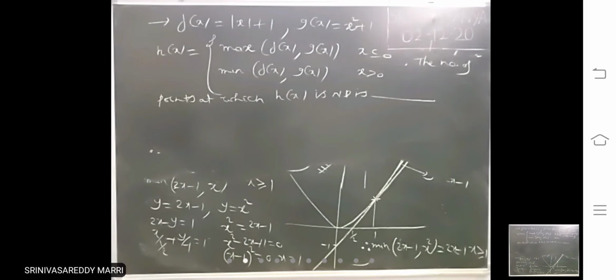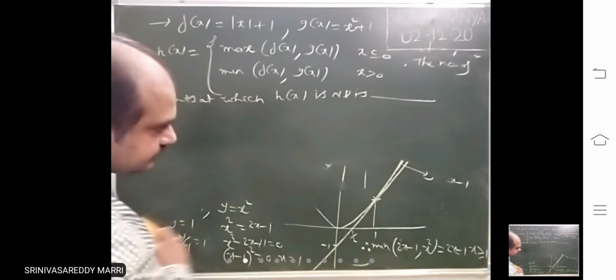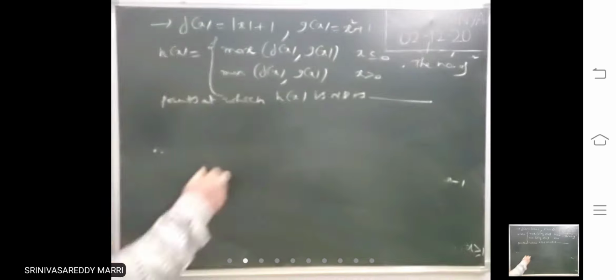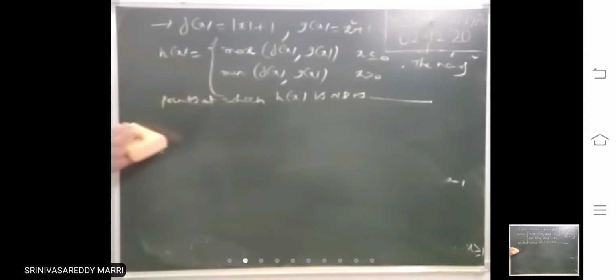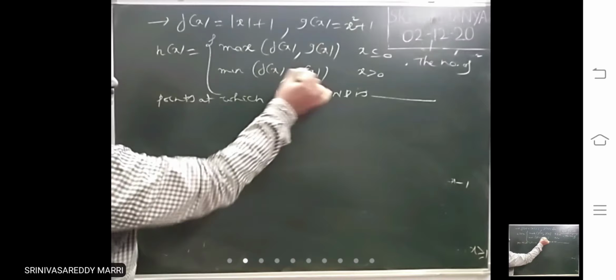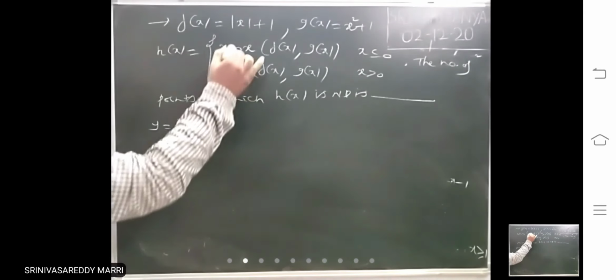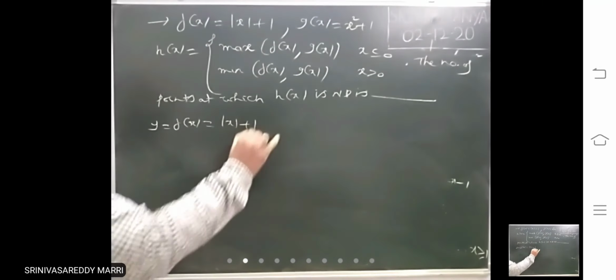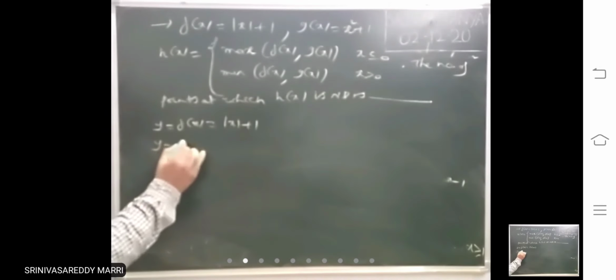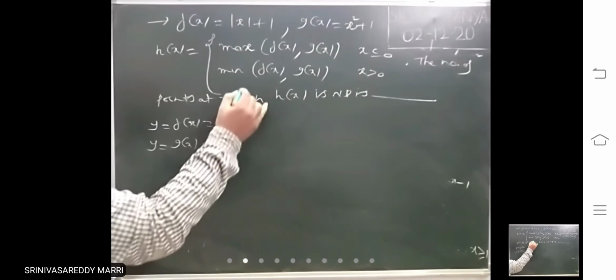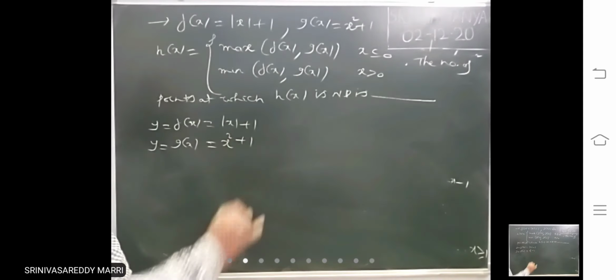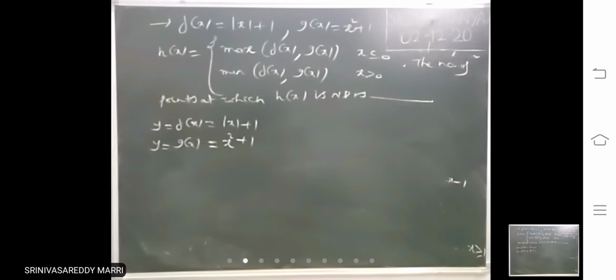Look at this problem. This we have to find out. Both graphs are y equal to f of x, that means the modulus graph I have told how to draw, and the other graph is x square plus 1. Let us draw these graphs.